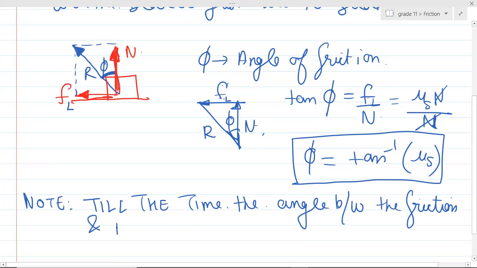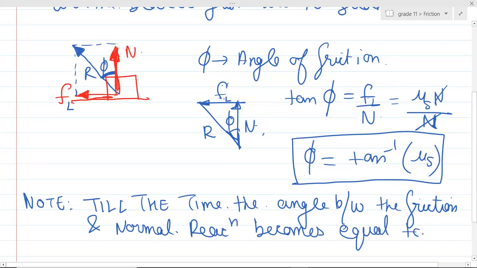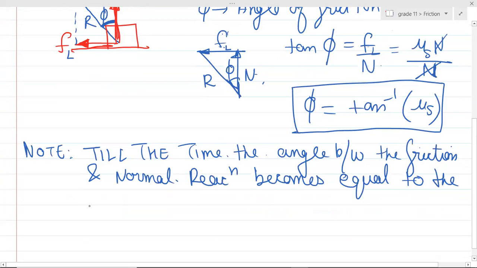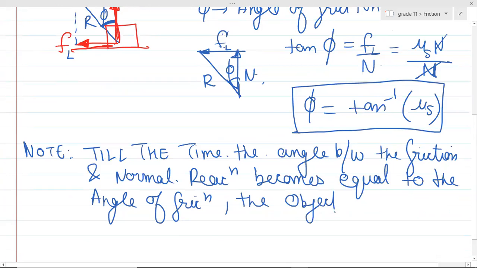Friction and normal reaction becomes equal to the angle of friction, the object or the block remains at rest. So this is the physical significance.